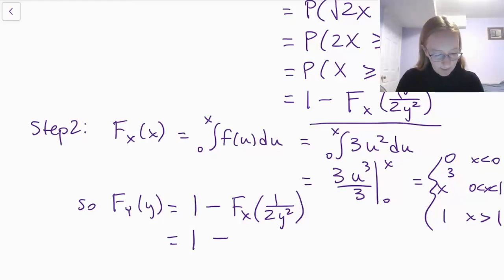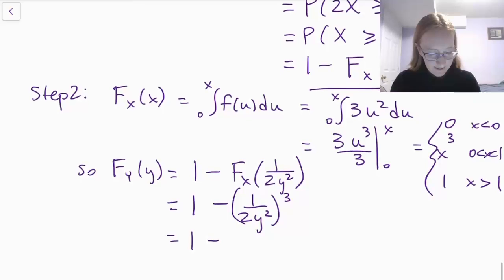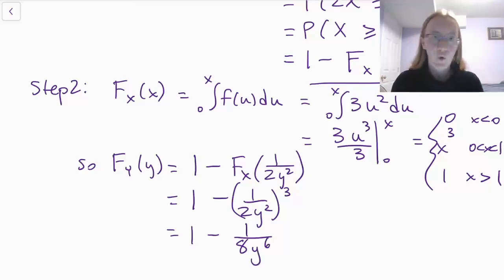So it's 1 over 8y to the 6th. Oh my goodness, I'm sorry, this is a disaster. Okay, yeah, 1 over 2y squared. We take that whole thing and cube it, and we'll get 1 minus 1 over 8y to the 6th. Okay, cool, great.